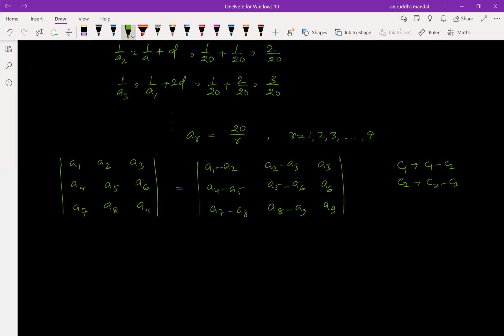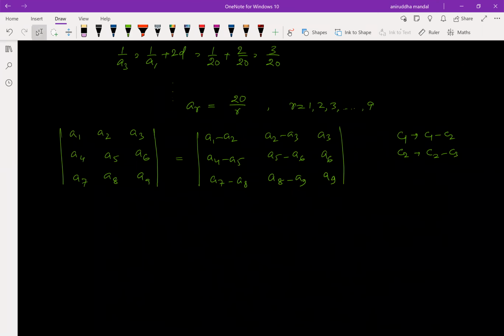Now this A1 minus A2. Let's see, I can write 1 by A2 equal to 1 by A1 plus D. So 1 by A2 minus 1 by A1 equal to D. So (A1 minus A2) by A1 A2 equal to D. So A1 minus A2 can be written as D into A1 A2.